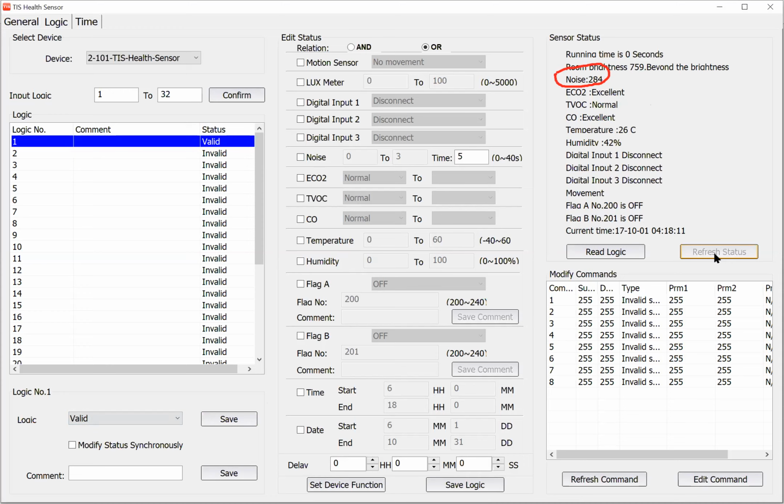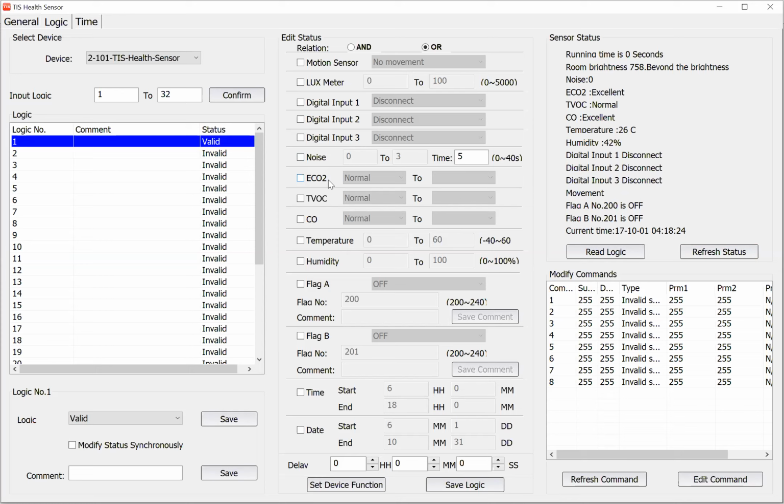For example, now it's 284, and sometimes when I'm talking so loud, it changes to 1000 and so on. But when I'm silent, it's 0. That's about the noise.